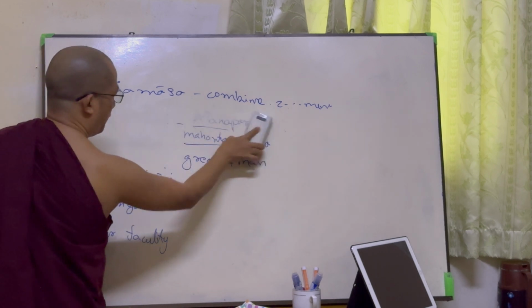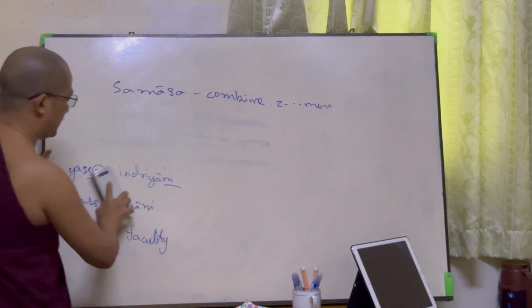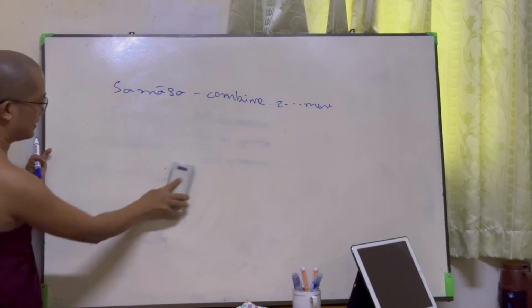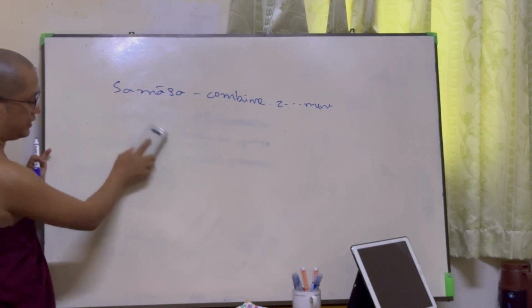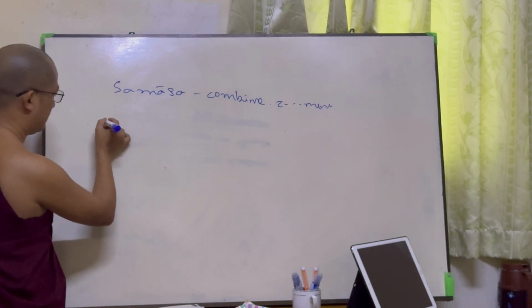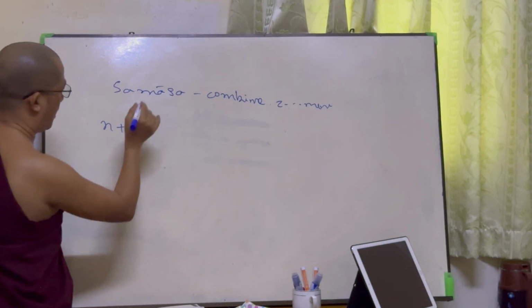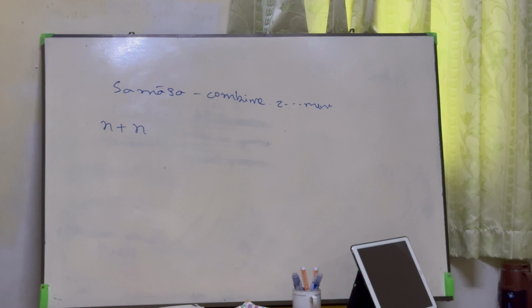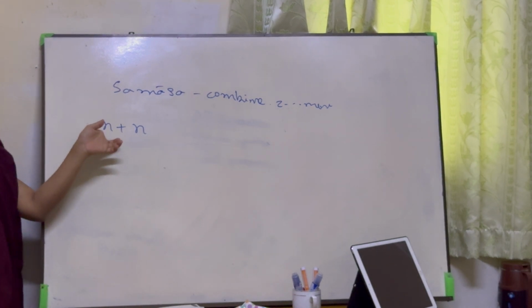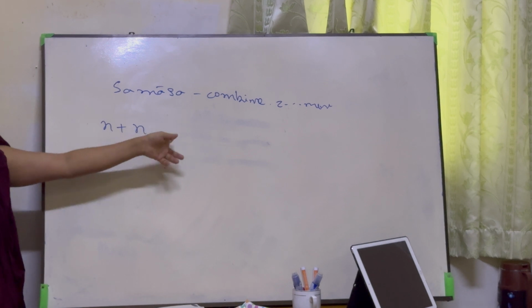Sandhi can apply to so many different types of words. But Samāsa is mostly a noun and noun combination. Noun plus noun combination. Mostly, not ever. Be careful. Samāsa means noun plus noun.